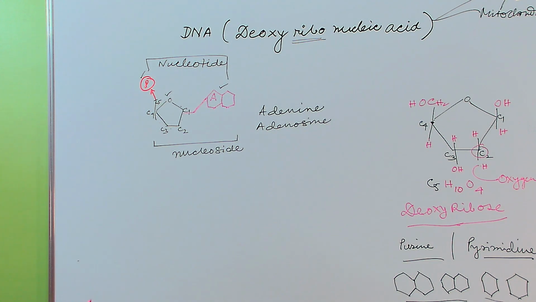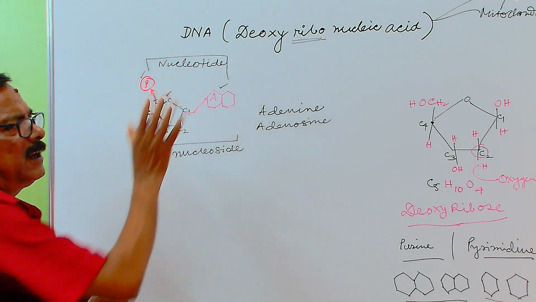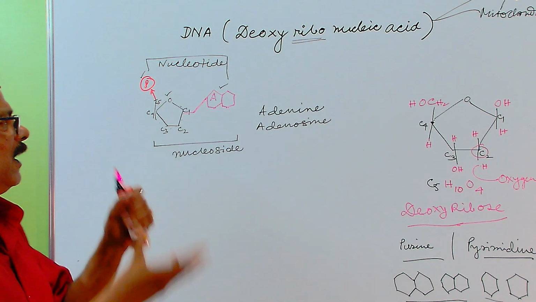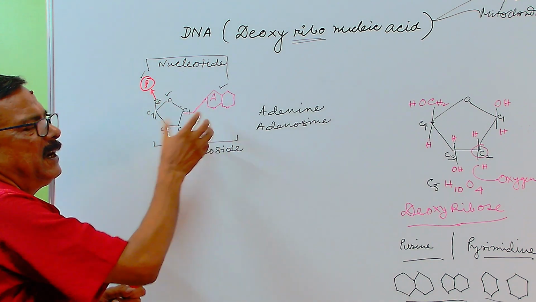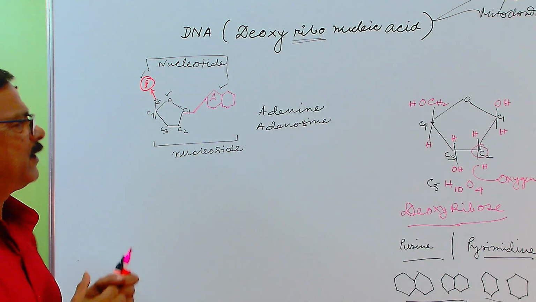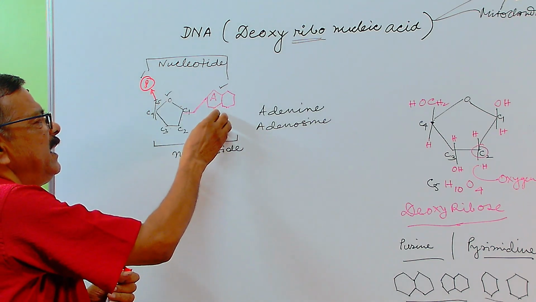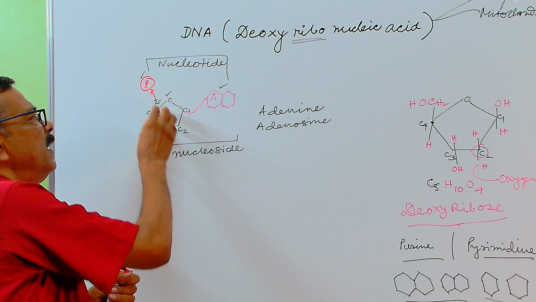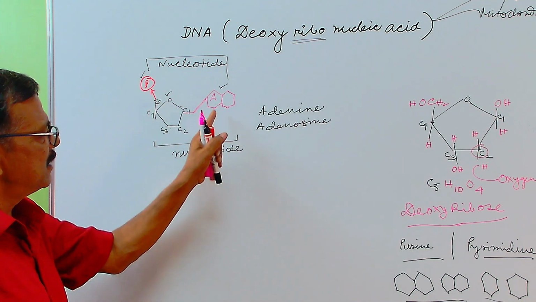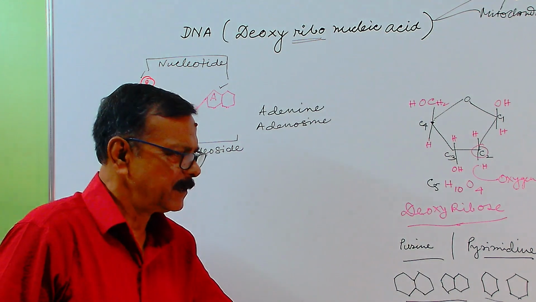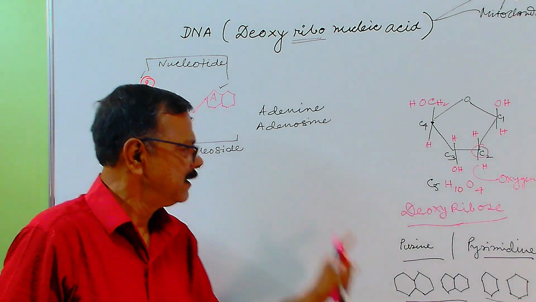So it is known as deoxynucleotide, more precisely, deoxyadenine nucleotide or deoxyadenosine nucleotide. So there are four types of nucleotides based on the presence of these bases.